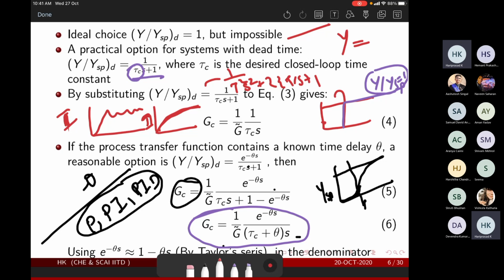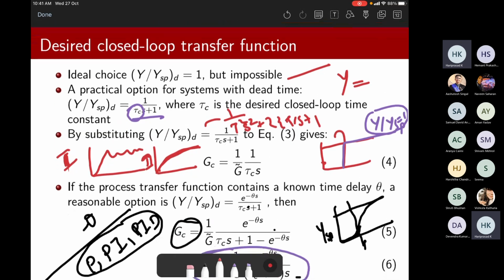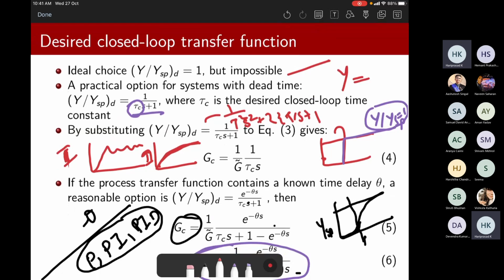The only place where you require your intervention: if I tell you the desired closed loop characteristics and the process model, you should be able to design a controller.